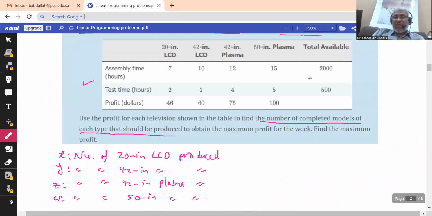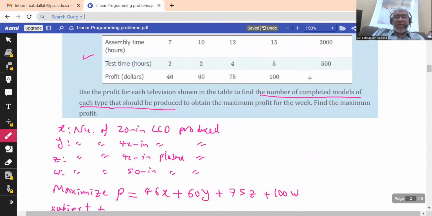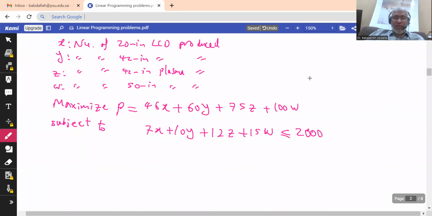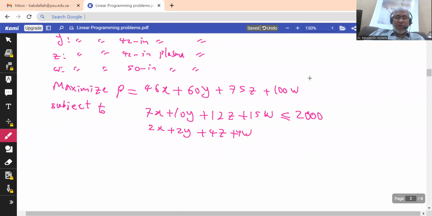It shouldn't exceed 2,000 hours. The second constraint is about the testing time, 2, 2, 4, 5. So 2X, 2Y, 4Z, 5W should be less than or equal to 500.